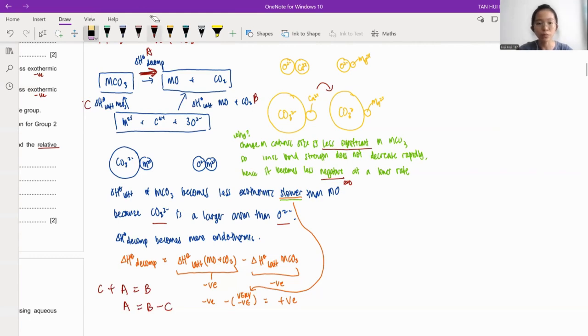So if we have a graph here comparing radius to magnitude of energy, we are not talking about it being negative or positive. This is magnesium oxide, but this with a smaller gradient, this line refers to MCO3.